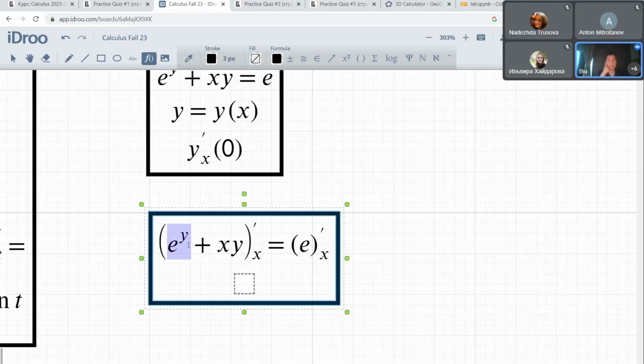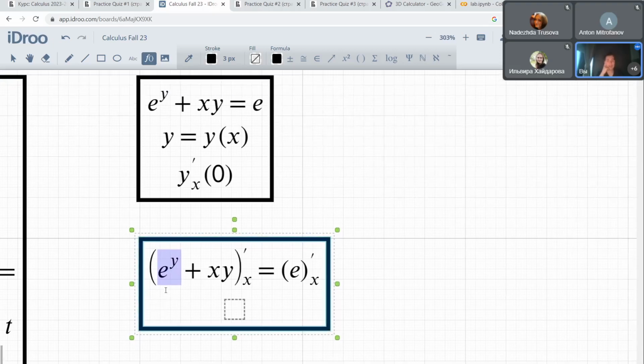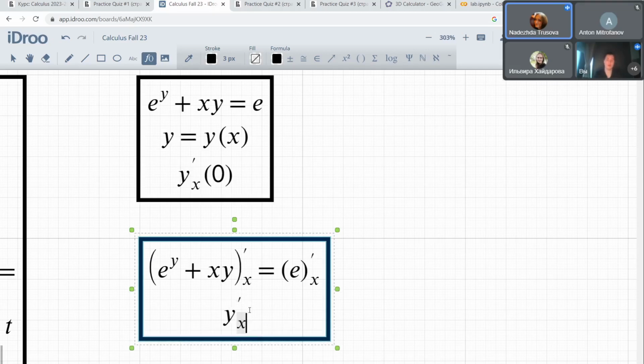What will be the derivative of this exponent? What can you say? It will be 0 because it's connected with y. No, you are not right, because y is a function of x. Yeah, of course. It will be a derivative of this function. It will be y'(x).